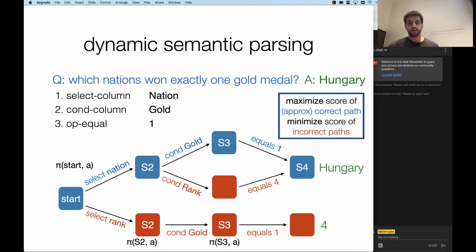Okay, so then our objective function, once we've completed this beam search, we probably found some good paths and probably found some bad paths. We want to maximize the score of the best path that we found and minimize the score of an incorrect path. And there are a couple ways that you could do this. What we chose to do is find the incorrect path that is like the worst and minimize its score, and maximize the score of the best possible path.